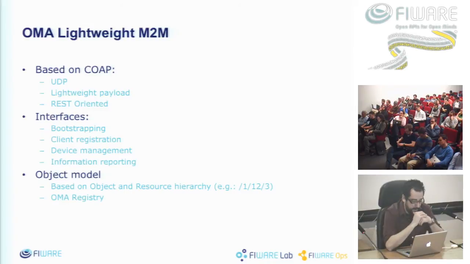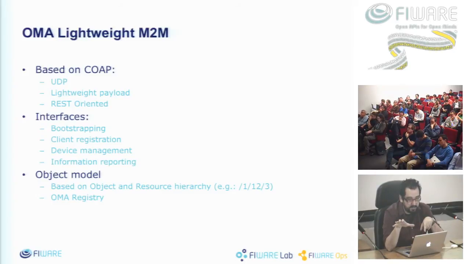That's called the OMA registry, where you can look for particular kinds of devices to know what the object ID of your device is, what is the ID of the resource you are going to send, and so making the transformation between the semantics of the information and the description of the URL of that information automatic.